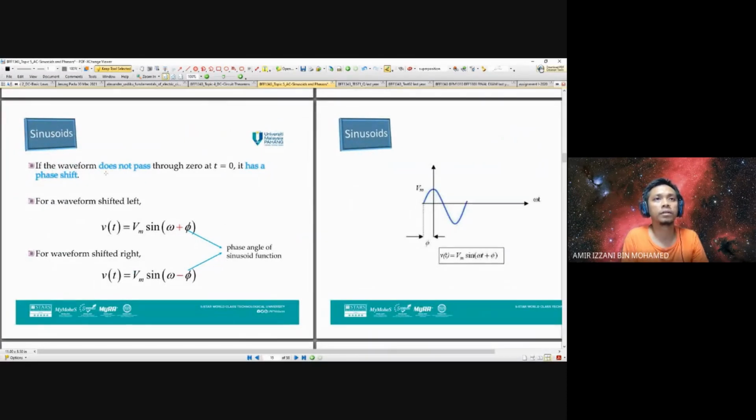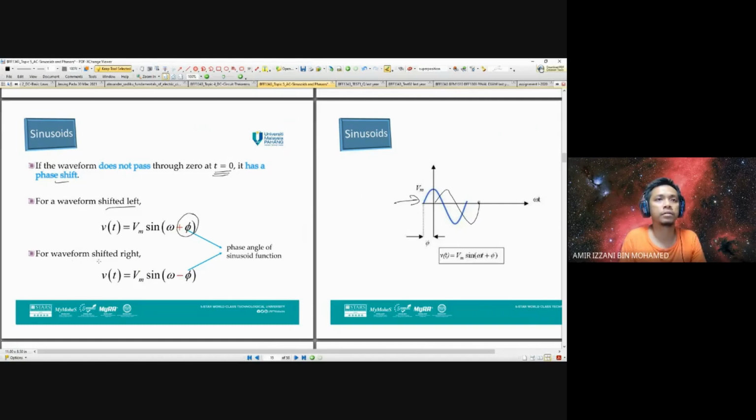Okay, if the waveform does not pass through 0 at t equals 0, it has a phase shift, as shown in this figure. This is with phase shift, and this one is without phase shift. It starts from 0. So when we have a phase shift, for example if the waveform is shifted to the left, we add plus phi.